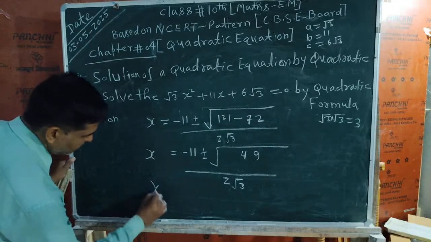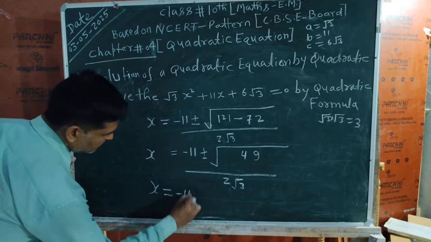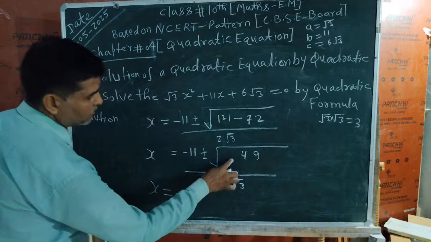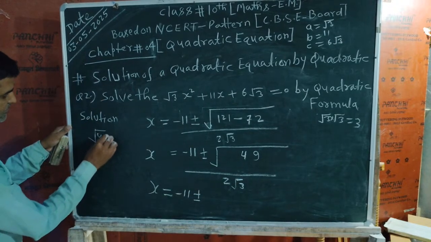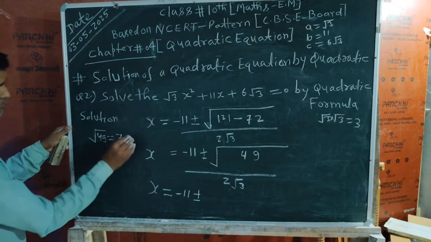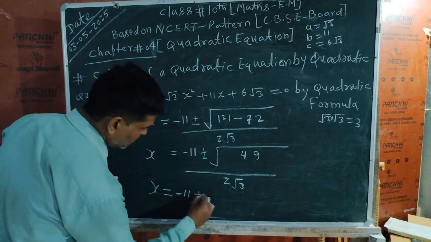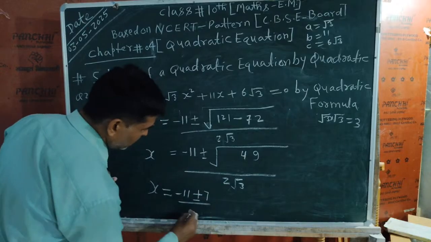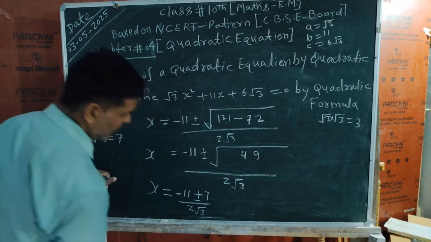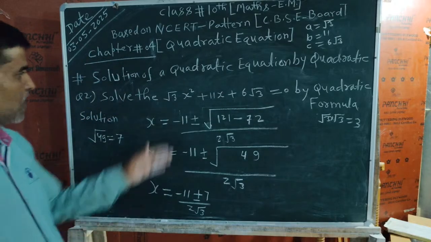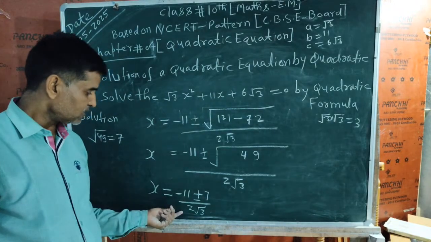After simplifying, I will write minus 11, and its value will be root 49. I will take its square root, that will be 7. So here it will be 7, divided by 2 root 3. I can write it like this. Okay student, so after simplification I have got this one.